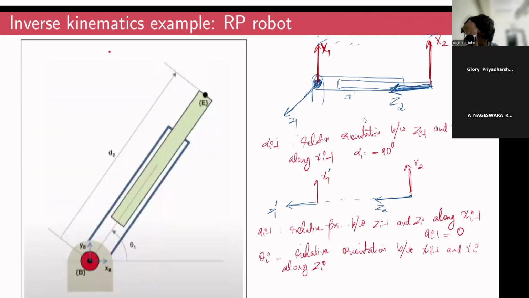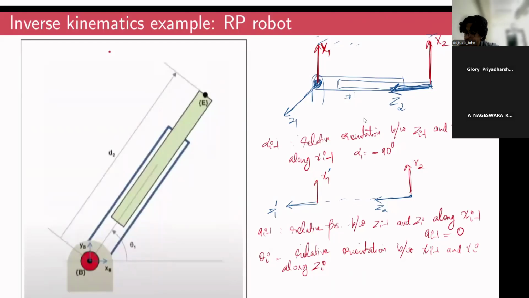So now you have to find the relative orientation between x1 and x2 along z2. X1 is pointing vertically upward, x2 is pointing vertically upward. Since this is a prismatic joint, in all configurations they are always going to be parallel. There is not going to be any relative orientation between them.